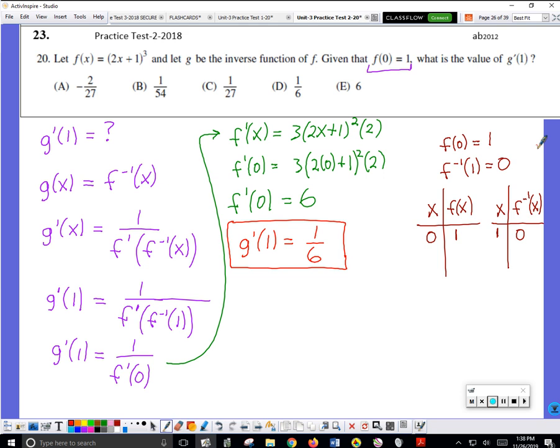So she said, for the f function, this is telling me that when the input is 0, the output is 1. But I'm supposed to go figure out what's happening here on the inverse function. This is saying the x on the inverse should be 1. Well, if the x on the inverse function is 1, that means the y on the actual function is 1.